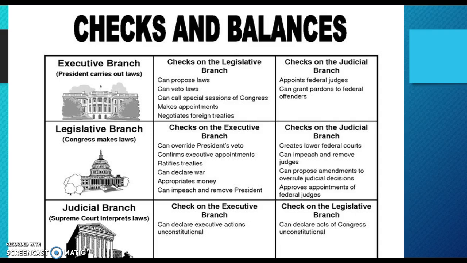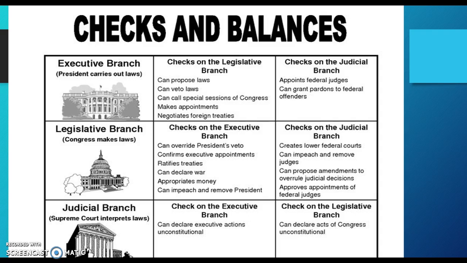But the president can also check the legislative branch. The president can propose laws. The president can veto or shoot down laws he or she doesn't agree with. They can call special sessions of Congress. They can make appointments and can negotiate foreign treaties. All these powers of the executive branch keep the legislative branch in check.